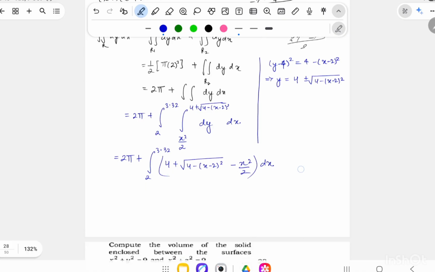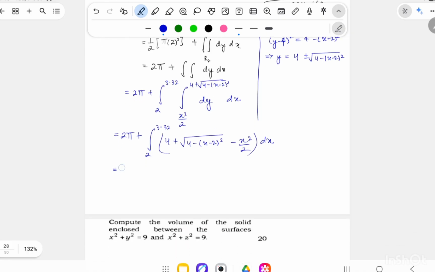Now if I integrate it with respect to x, it will be 2 pi plus 4x minus x cube by 6 plus the integration from 2 to 3.32 of under root 4 minus (x minus 2) square dx.